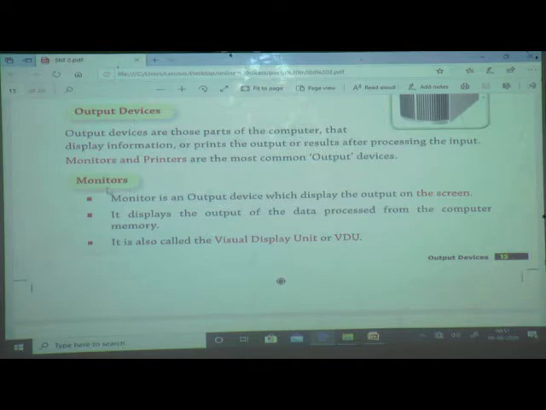First we will see the monitor. Monitor is an output device which displays the output on the screen, right? When we went to the computer lab, what were you doing? Yes, we were doing Paint, right?